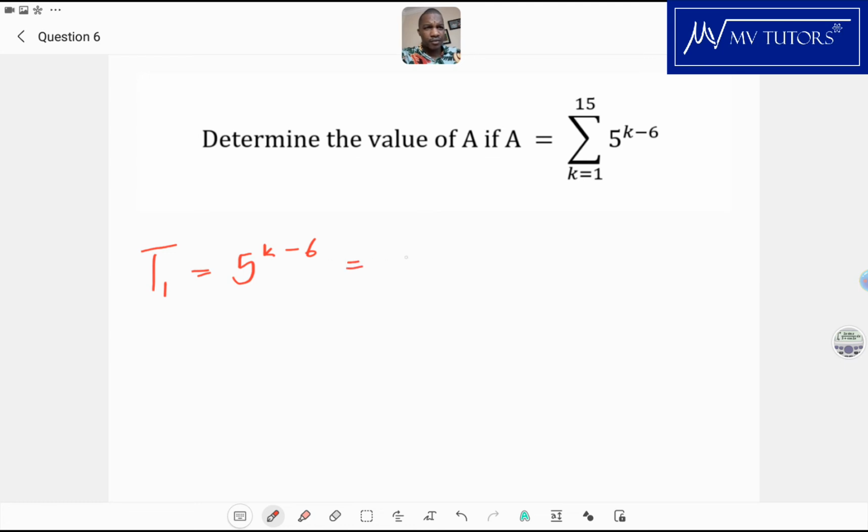But for k, it's going to be 1, because it's term 1, so we just go ahead and substitute 1 there, minus 6, which will give us 5k... 1 minus 6 is minus 5. That's it. And then we need term 2.